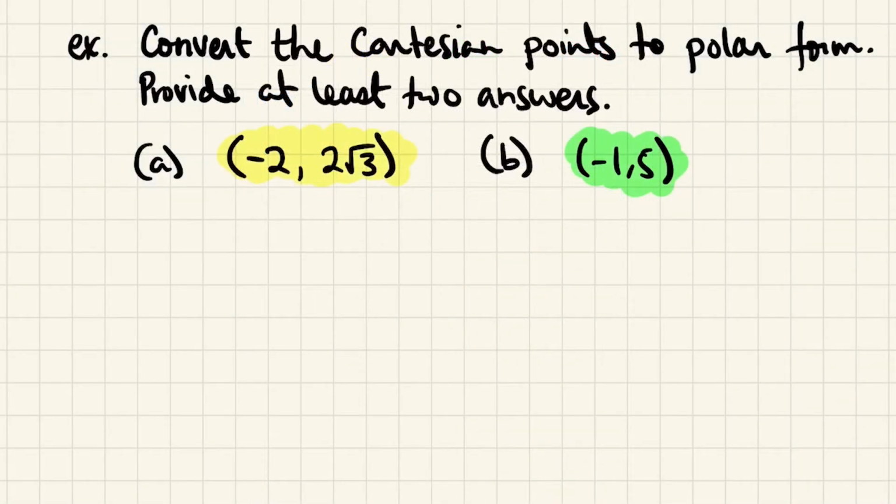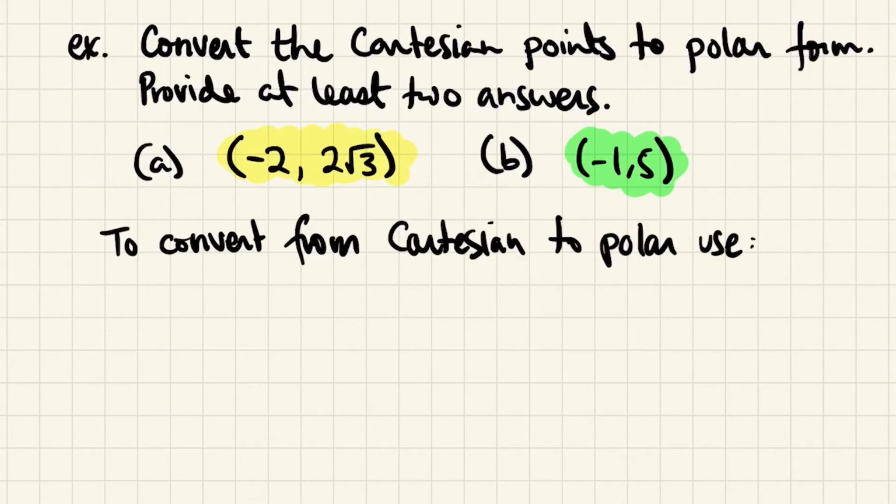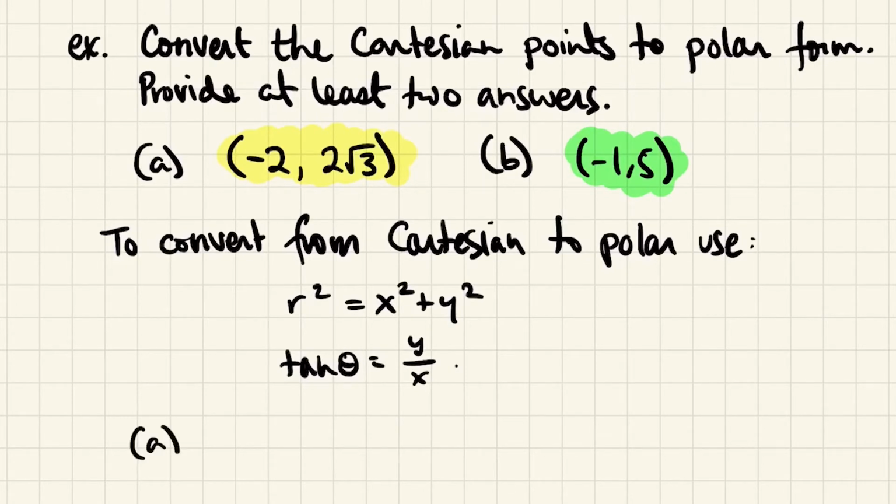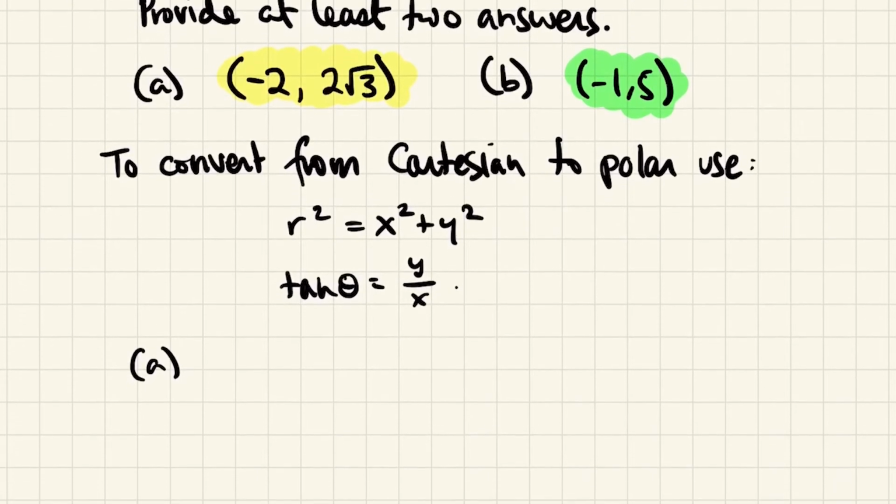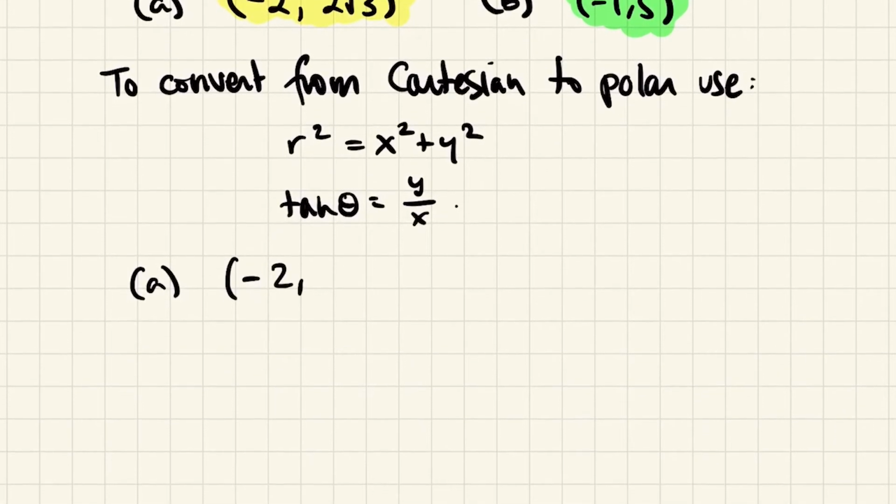All right, so now we're going to convert Cartesian points to polar form. We're going to use this set of equations: r squared is x squared plus y squared, and also tangent of theta is equal to y over x. Let's take a look at part A here, negative 2 and 2 root 3.